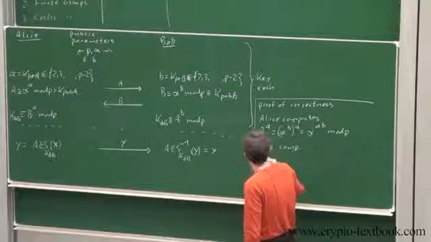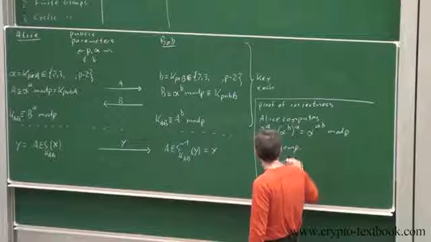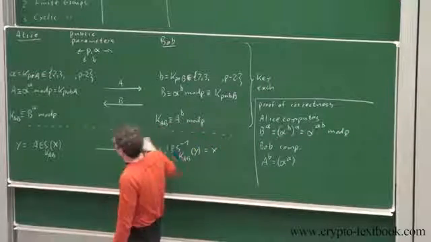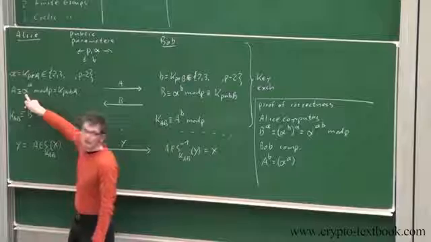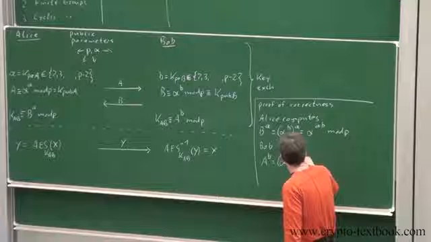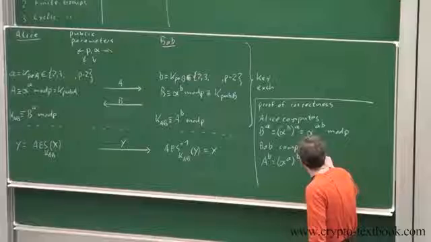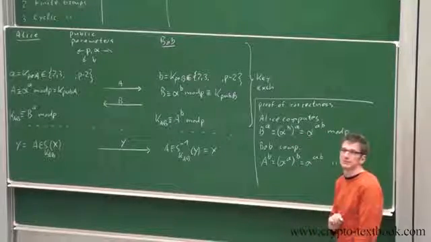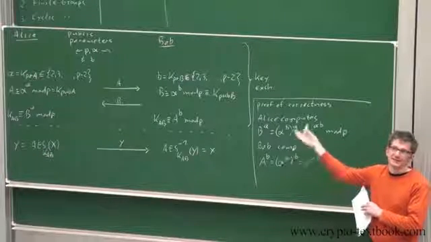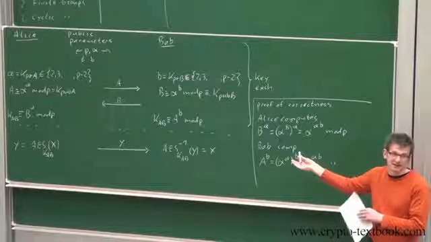Bob computes uppercase A to the b, and uppercase A, Alice's public key, was computed as alpha to the lowercase a, to the b, and this is, surprise, surprise, alpha to the ab modulo p. Isn't that cool? And this is one of the things you have to learn by heart, meaning auswendig lernen, okay?